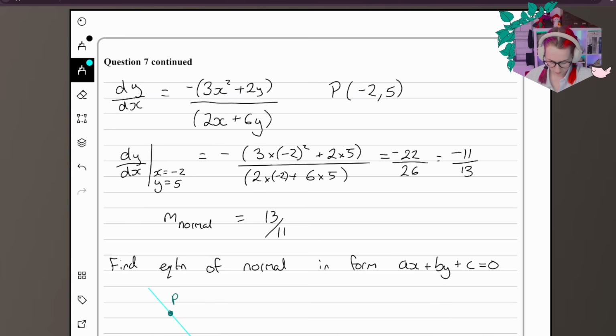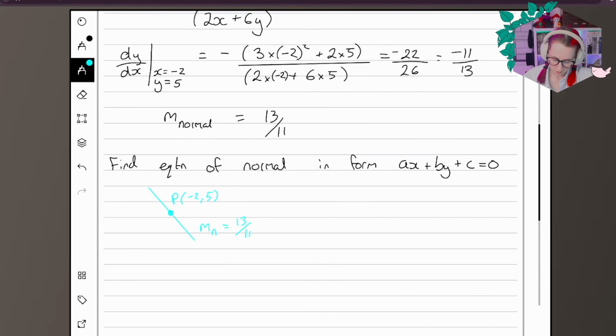So we know that (-2, 5) sits on this line, and we know that the gradient is 13 over 11. I should draw it going positive, but oh well. That should be enough information to figure out what we need to do.